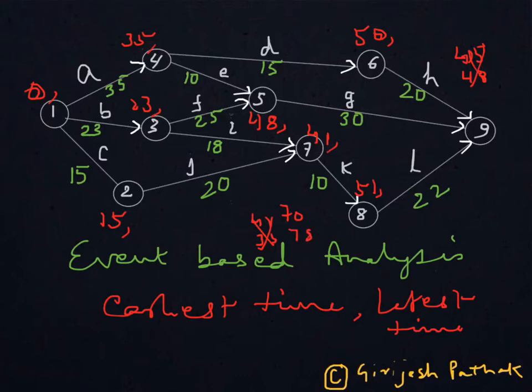And from the L side, it is 51 plus 22, that is 73. So the highest is 78, which is coming from 48 plus 30, that is G. So we take the highest value, and so 78 is the earliest time for node 9, which is the end node.